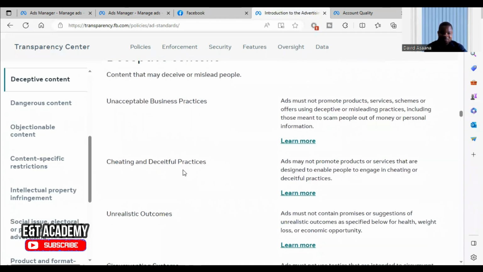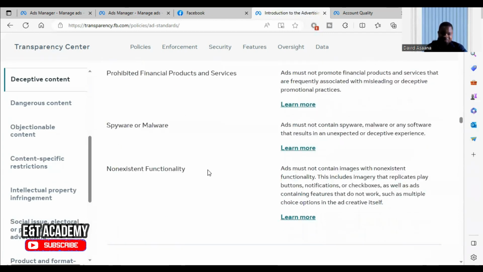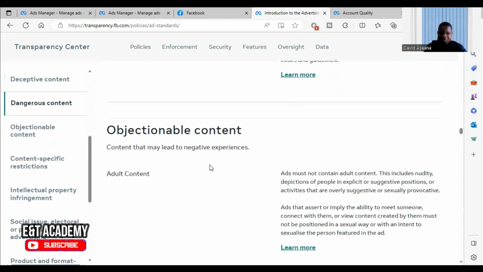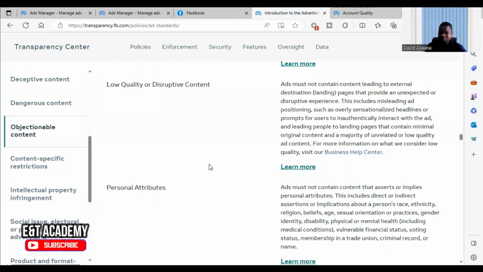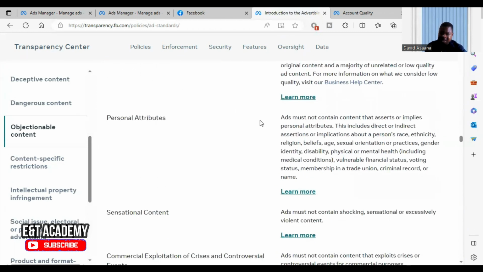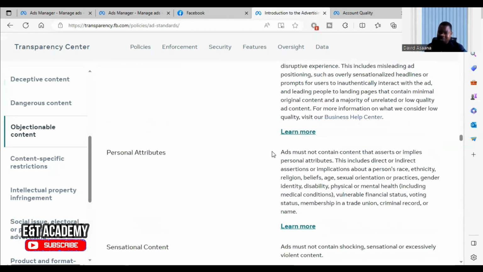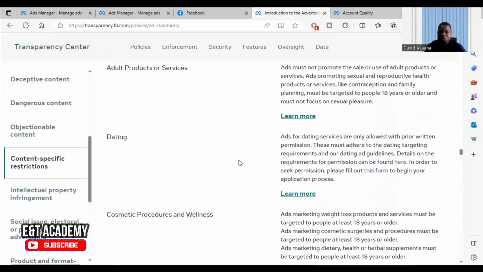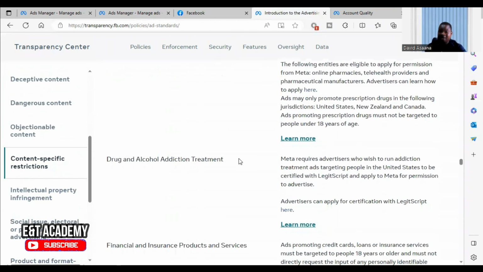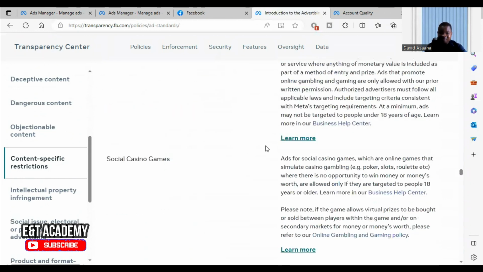Unacceptable business practices, cheating and deceitful practices, network marketing, over-promising people something, Facebook is not very clear about. Personal attributes: using personal words such as you and your, trying to imply that you know the person that is going to see the advert, but you don't know the person. So try to avoid all those words. If you avoid all that, I'm sure at the end of the day, your advert will be approved.